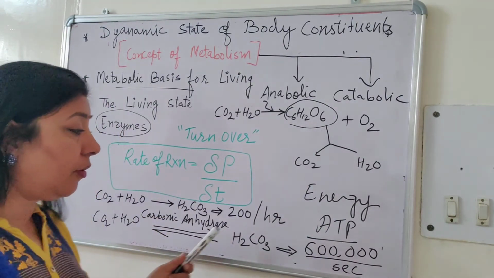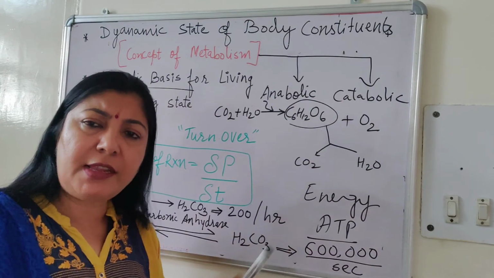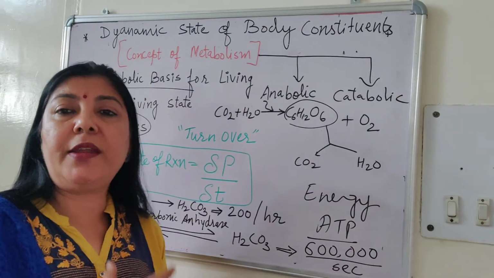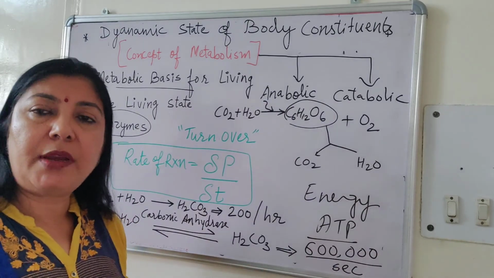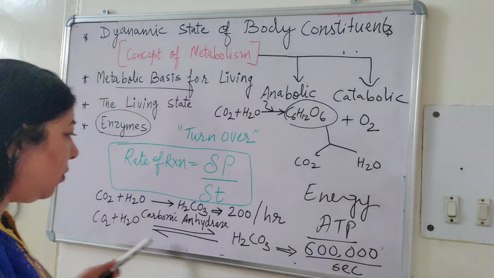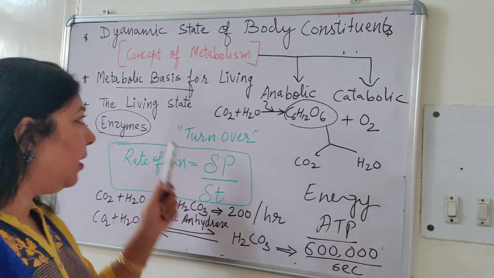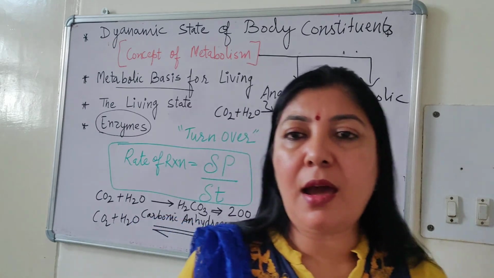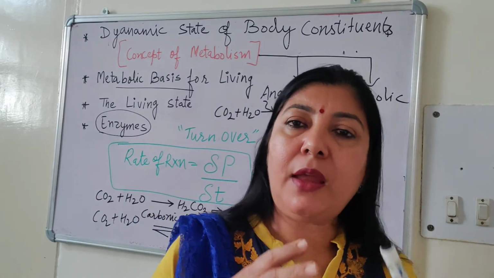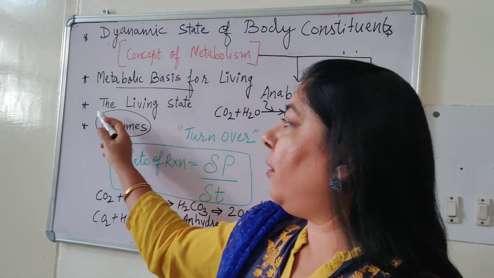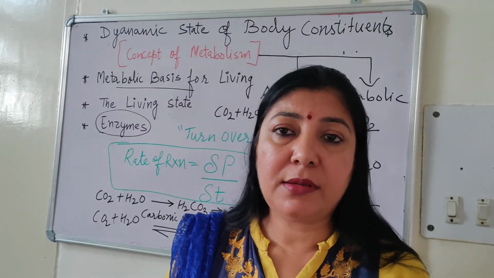So these reactions are not only fast, they are very specific and they are reversible also, depending upon the environmental conditions, depending upon different factors. So all the reactions in a living state are catalyzed, they are directed, they are going in a particular direction, and this is controlled by enzymes.